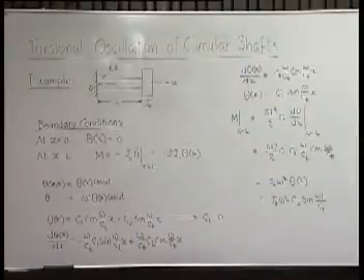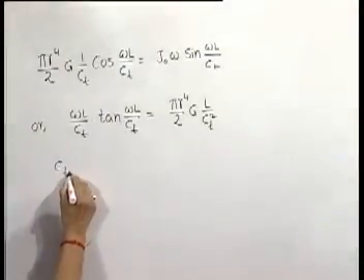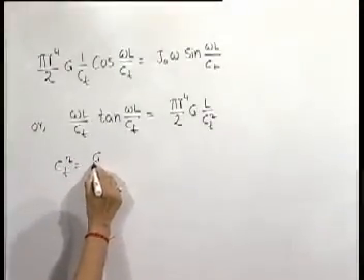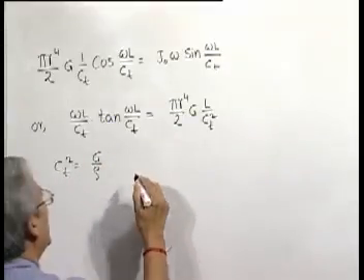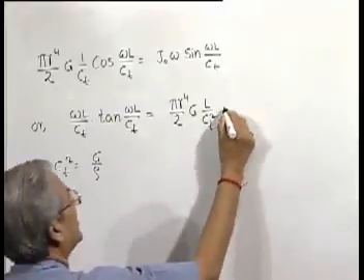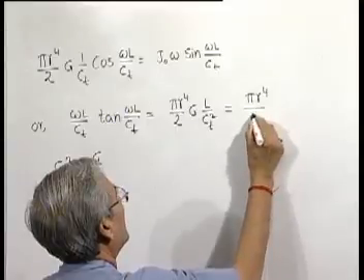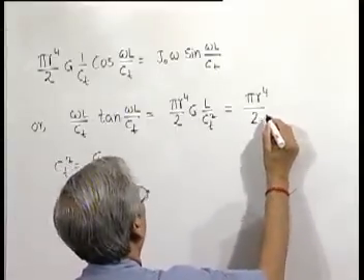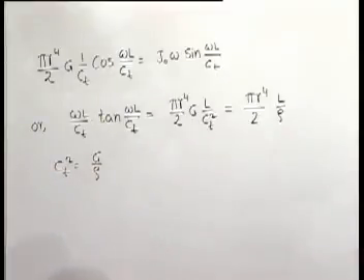Now Ct we have already found out, Ct square was equal to G by rho. If you use it here, you get, now how much is this?